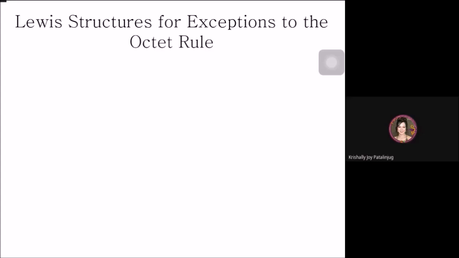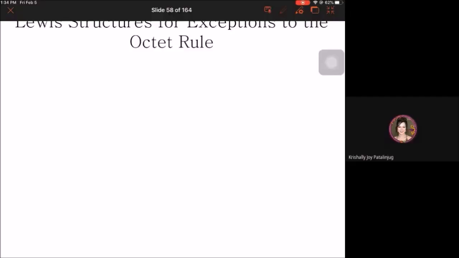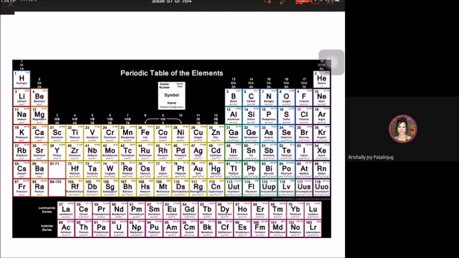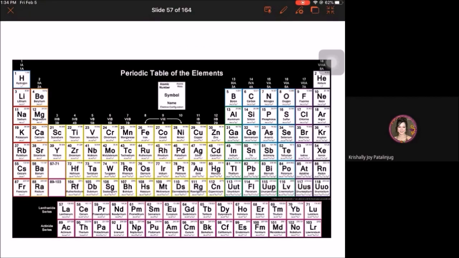Ibig sabihin, the octet rule applies to them, particularly if ang central atom ng molecule na yan is part of period 2 of the periodic table usually. Example, in the case of carbon, nitrogen, oxygen, fluorine, not with fluorine kasi fluorine can never be a central atom if single bonded.